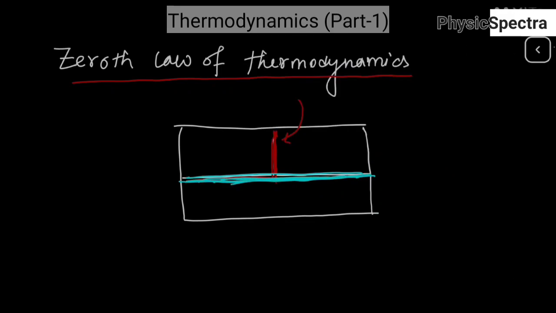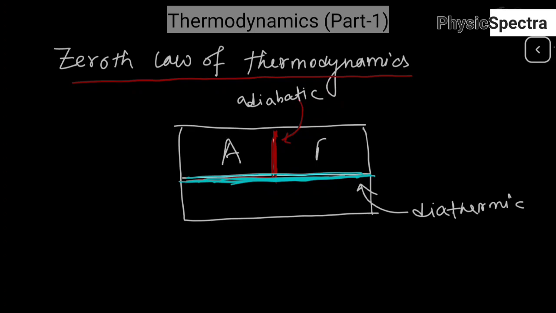So what do these walls do? This red colored wall we are taking is adiabatic wall, and this blue colored wall we are taking is diathermic wall. And let us name the chambers as A, B and C. So in this whole chamber there are 3 chambers divided by some walls.